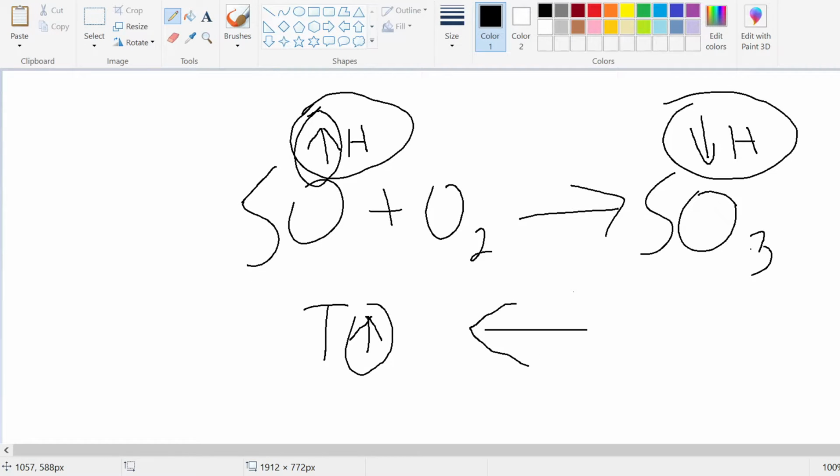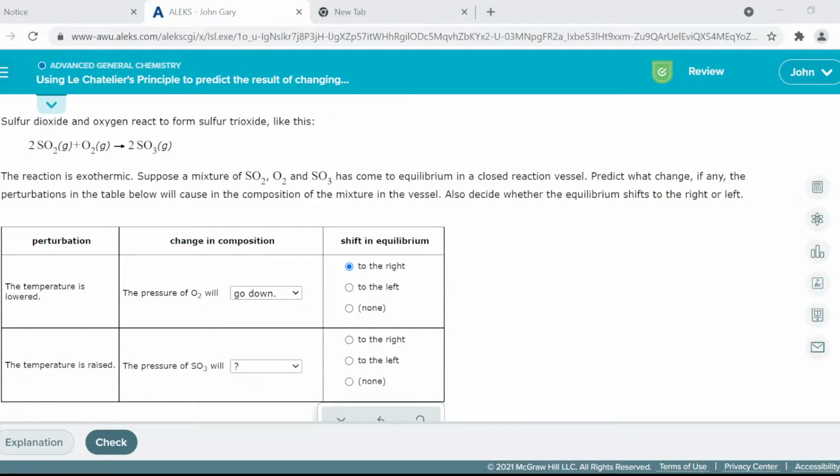Okay? If temperature and heat arrows match, then equilibrium is going to favor the side that they match on. Alright, so now let me fill out my problem. Temperature is raised, so my equilibrium is to the left. SO3 will go down. And check.